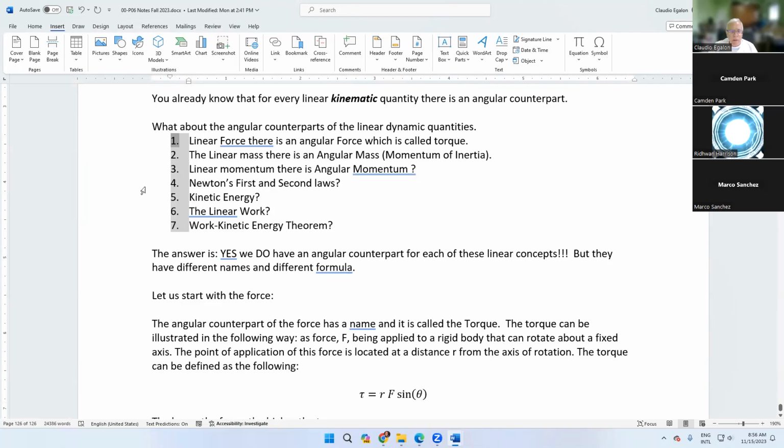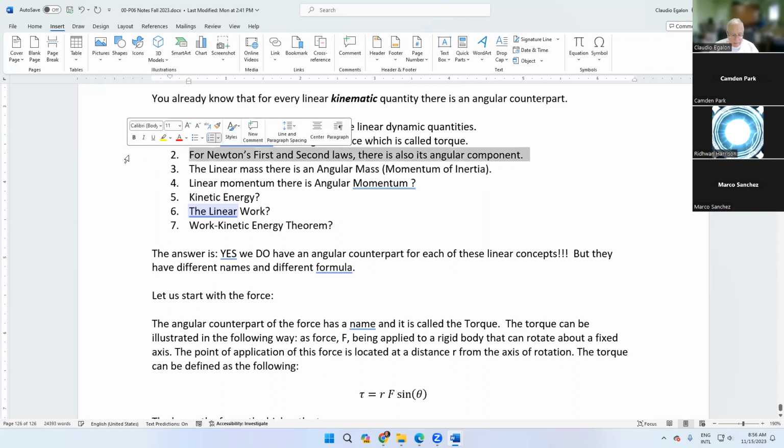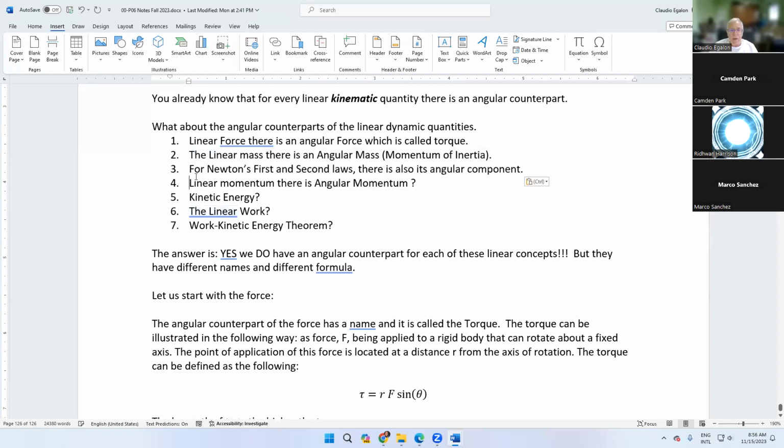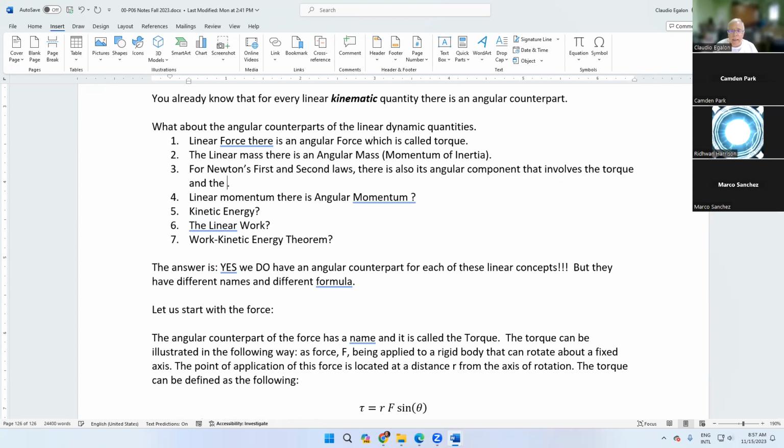For Newton's first and second law, there is also its angular component that involves the torque and the moment of inertia.